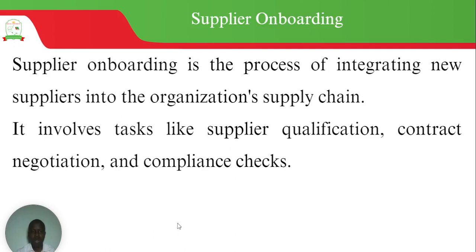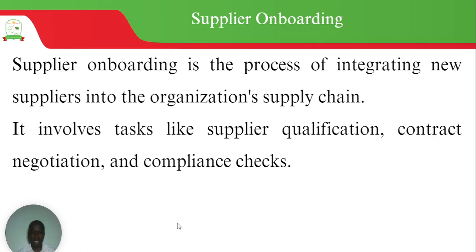And then we have what we call supplier onboarding. We are saying this is an important process in integrating new suppliers into the organization. Over and over again, we will need new suppliers. Just like from the organization perspective, we need to onboard new customers. So what we are going to be doing on onboarding, we now do what we call supplier qualification.